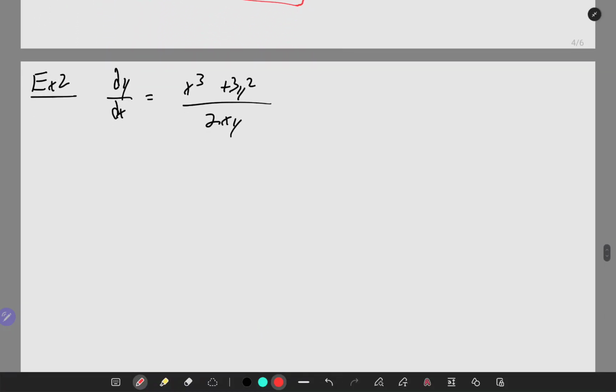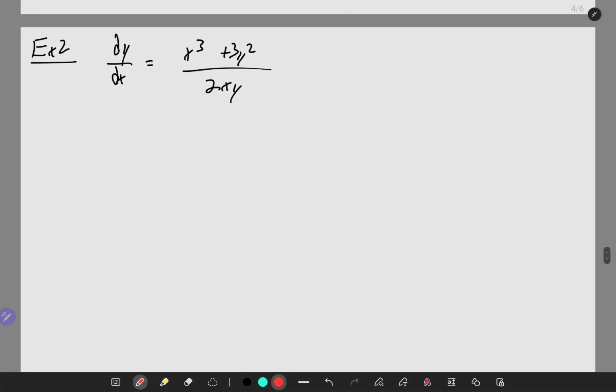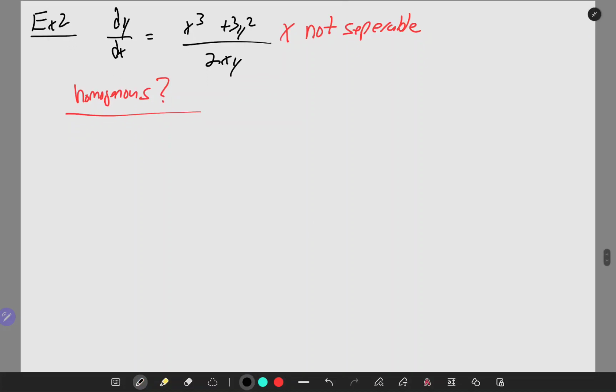Okay, example 2. Looking at this, it's not separable. So, let's see if it's homogeneous. Is it homogeneous? Let's find out.